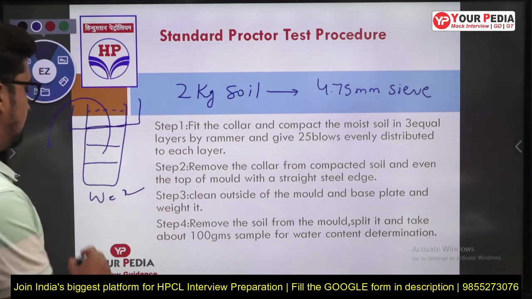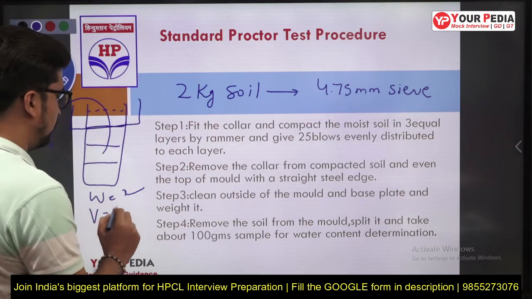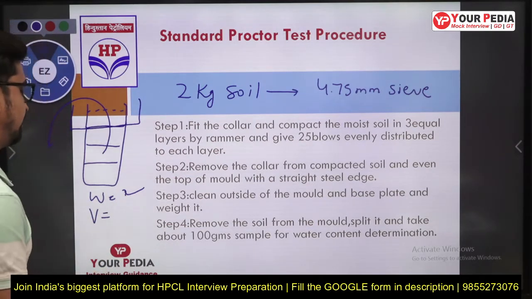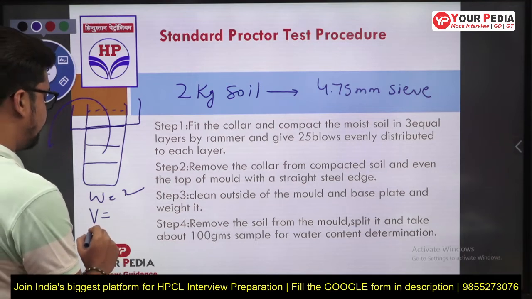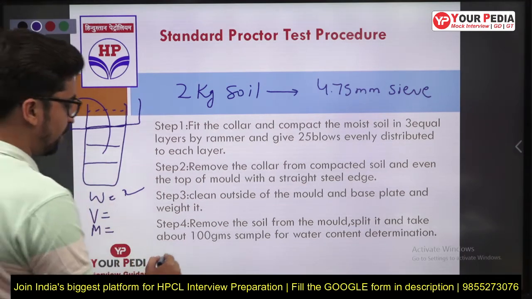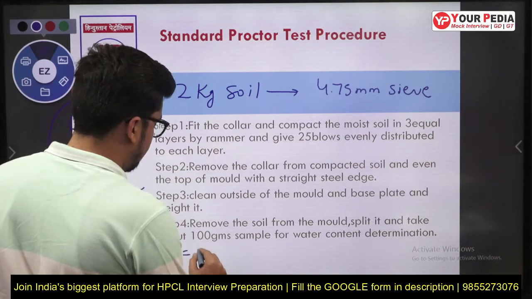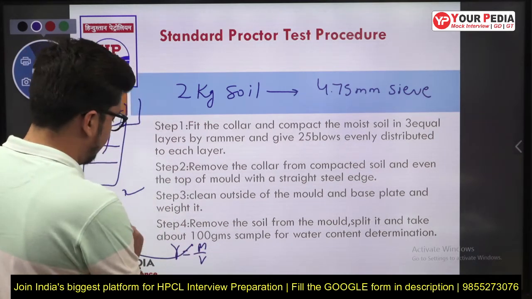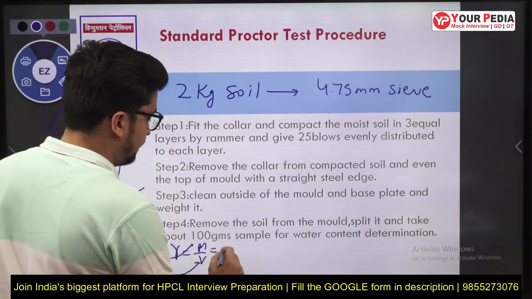After this step, we already have the volume of the sample, which is the volume of the mold, 1000 cm³. Also we have the mass of the soil sample after compaction. So we take density as mass upon volume, we substitute the mass and the volume, and we get the density.